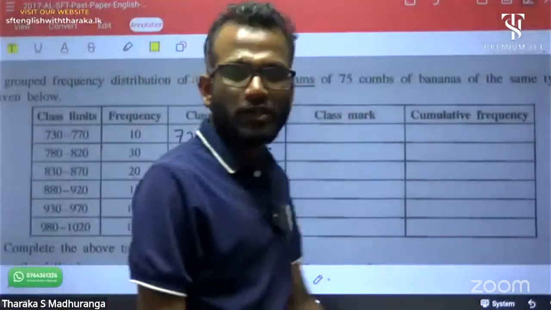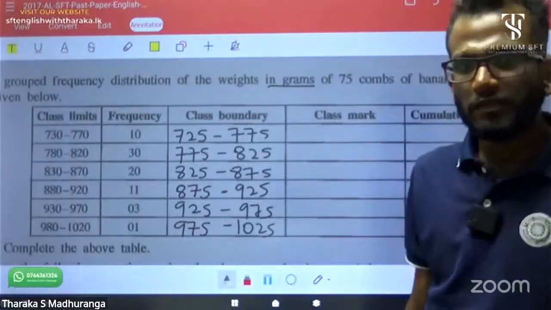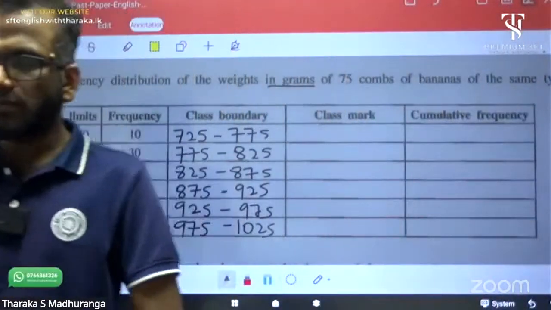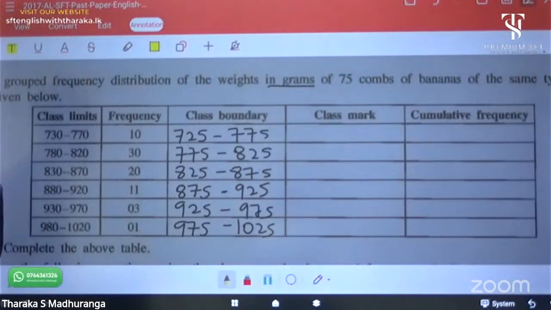Okay, those are the class boundaries. Very simple. Understood?